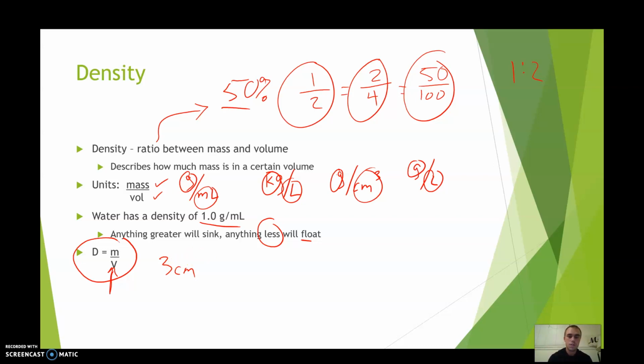What is the density? Then you would have whatever number the mass is over 3 centimeters times 3 centimeters times 3 centimeters, because this would be how you calculate the volume of a cube with 3 centimeter sides. So you might have to calculate the volume before you can use this equation. That's just something that you should be prepared to do as you get into your homework for density.